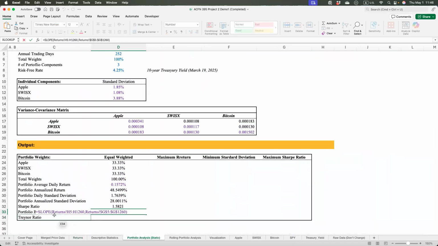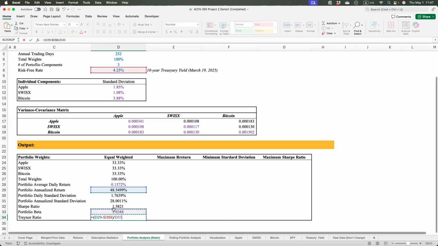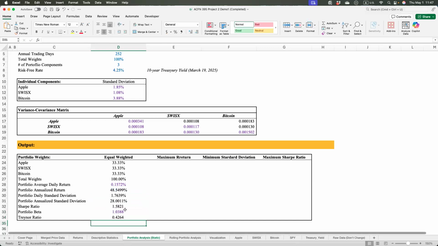You see, I'm running the regression between the portfolio return and the market return. The reason I lock the market return in the slope function is because I'm going to copy this formula to the next three columns. But we will let the return for the portfolio change since different columns represent a different portfolio. Once we have the beta, now we calculate the Treynor ratio by using the annualized return minus the risk-free return. Let's anchor that and divide by the beta, we get the Treynor ratio.